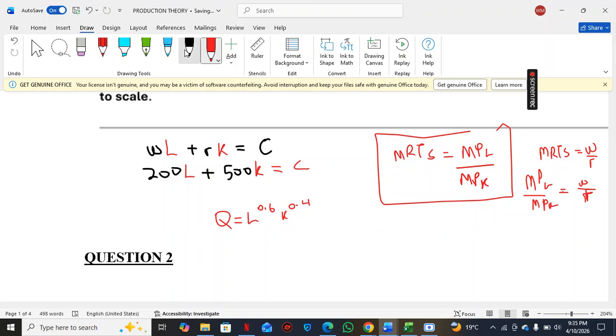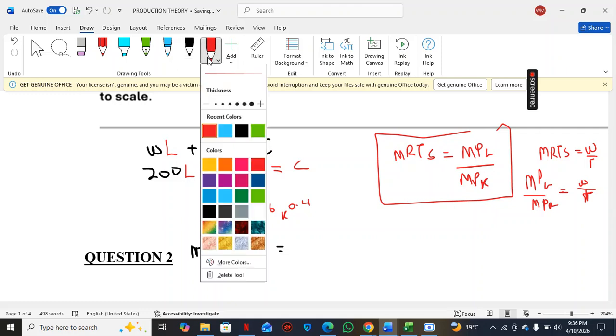Okay, so we have to partially derive this production function with respect to L and with respect to K. So the marginal product of labor, MPL, is the partial derivative of our production function Q with respect to L. What this just means, colleagues, is that you're deriving this function with respect to L. Okay, so this is how we derive it.